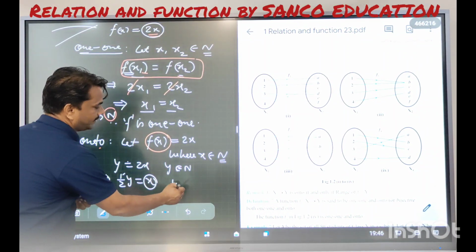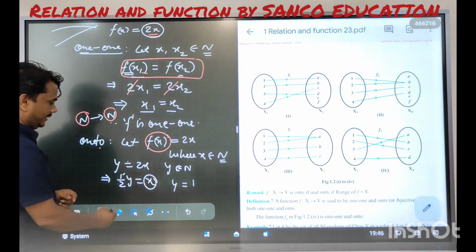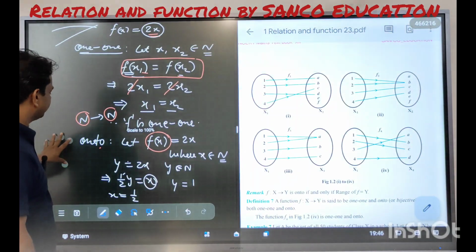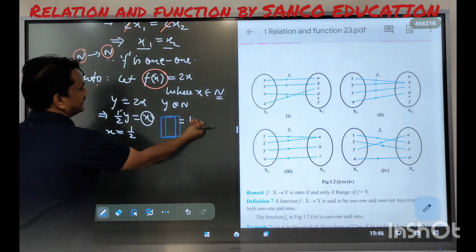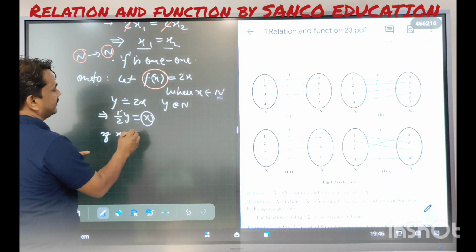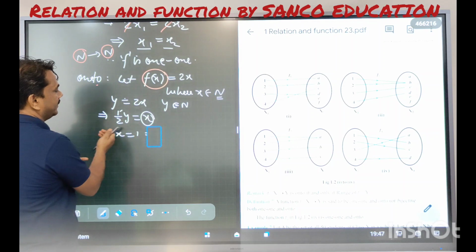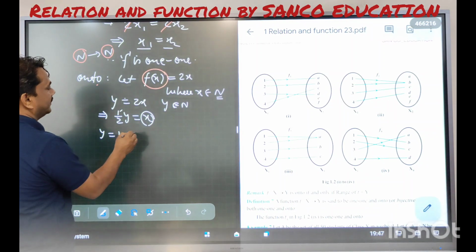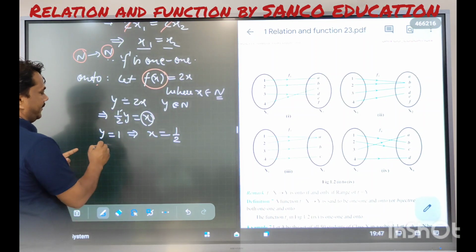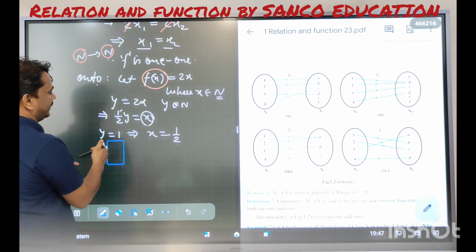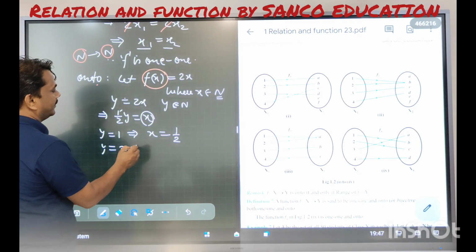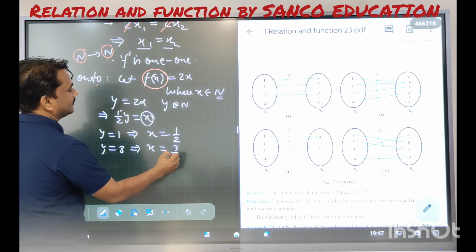So therefore, if you take y equal to 1, then x is equal to 1 by 2. Is it or not? An example I am giving you right now. If y is equal to 1, it implies that x is equal to half. If y is equal to 2, y is equal to 3, then x is equal to 3 by 2.